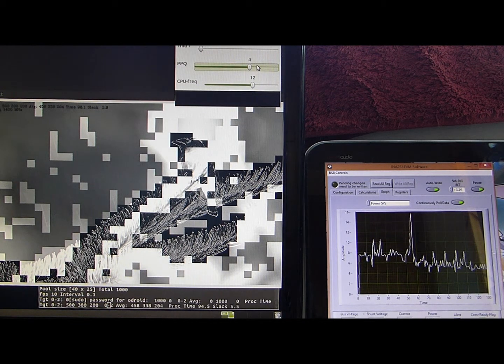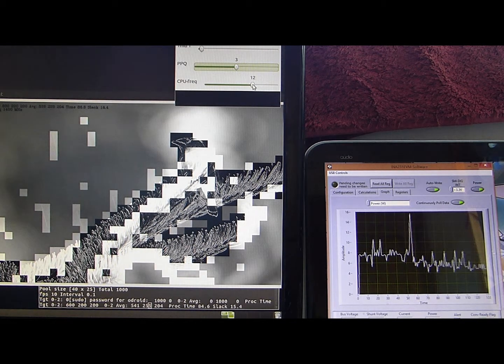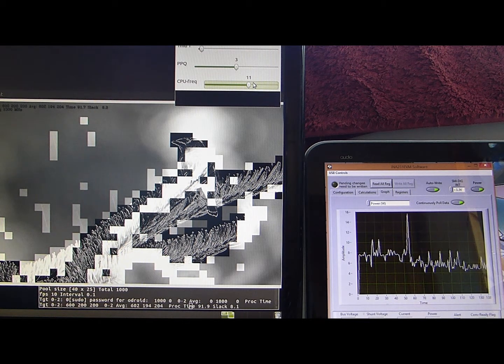So I go down to PPQ3, and again we can drop the frequency because we've got positive slack time here. This time we're going to about 1300 megahertz, and the power has dropped to about 5.1 watts.